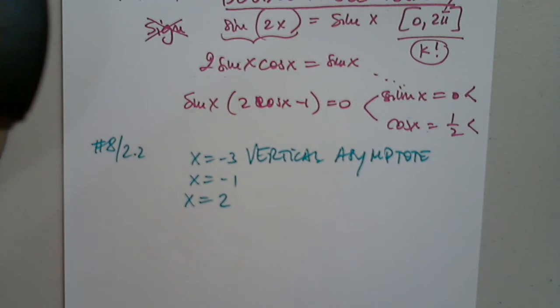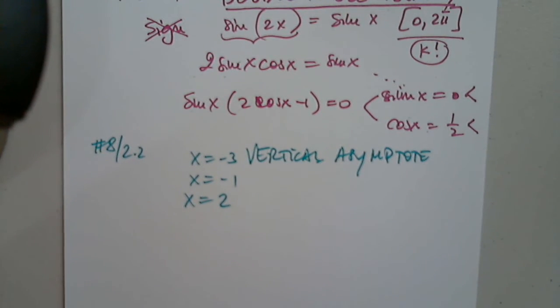Okay. I would like to look at this word problem. A real life situation, an application if you want. A patient receives a 150 milligram injection of some medicine every 4 hours. The graph shows the amount f of t. So f of t is the amount of the drug in the bloodstream after t hours.